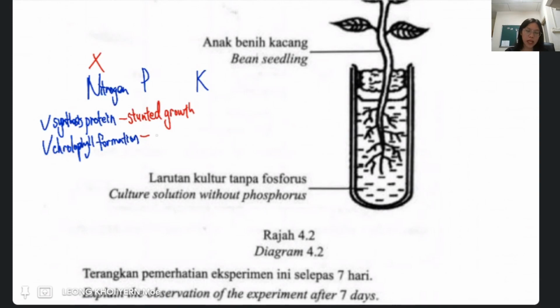So the leaf will become yellowish, which is chlorosis of leaf. What about phosphorus? So phosphorus is actually really important for the root growth.